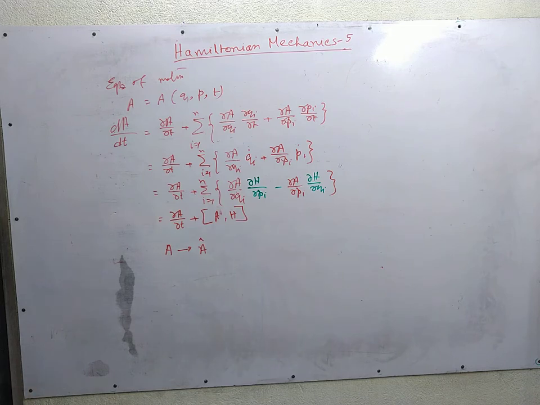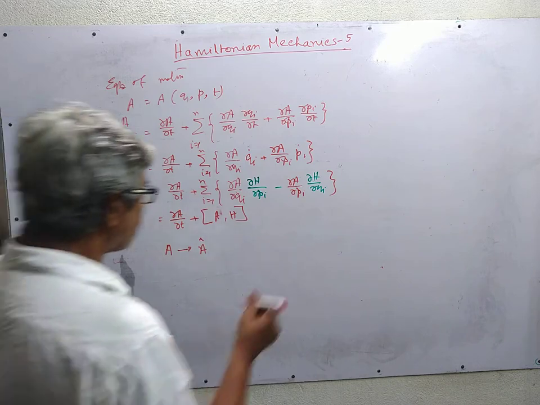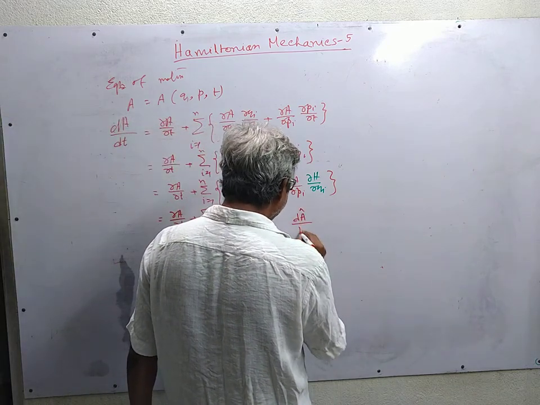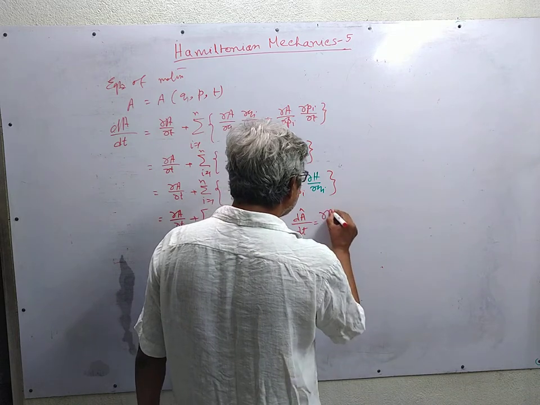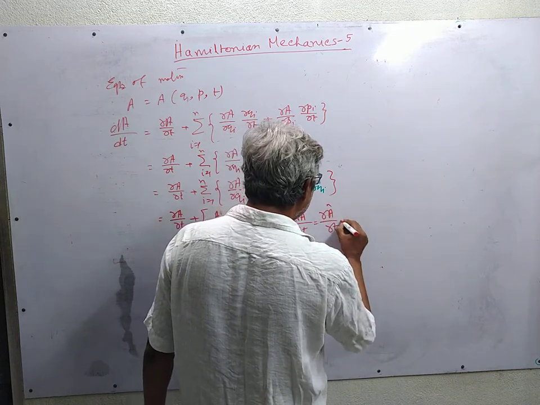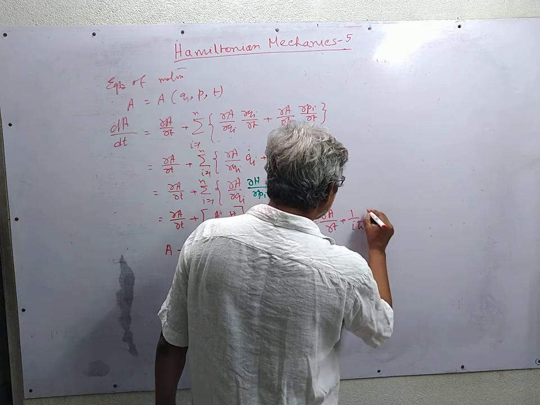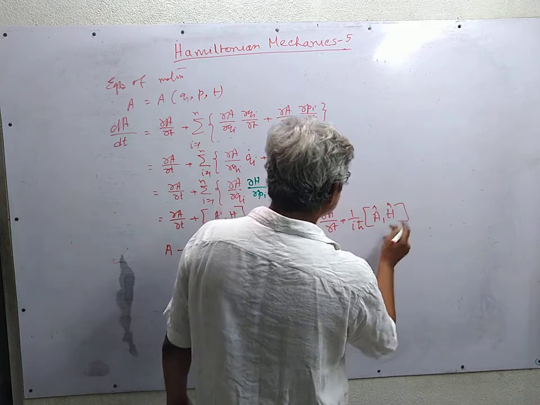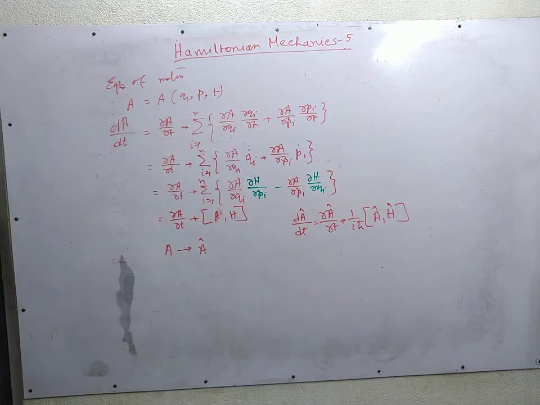So this is the simple difference between the equation of motion in Hamiltonian mechanics using Poisson bracket formalism and that in quantum mechanics. Actually in quantum mechanics the relation is dA/dt equal to del A del t plus 1 over i h cross times the commutator of A and H.